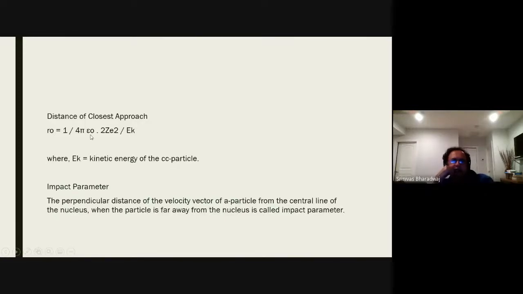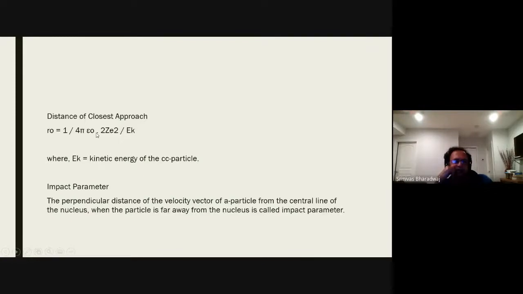You need that kind of kinetic energy to completely repel these alpha particles.